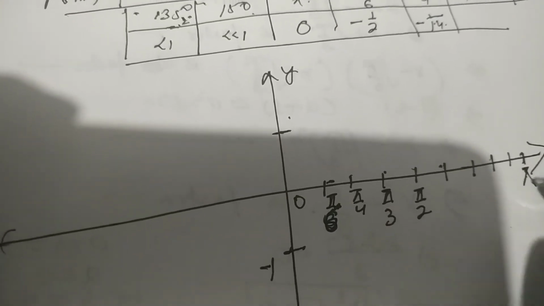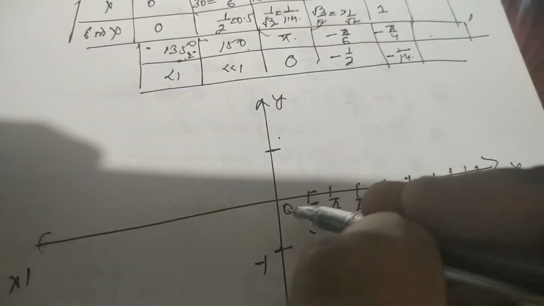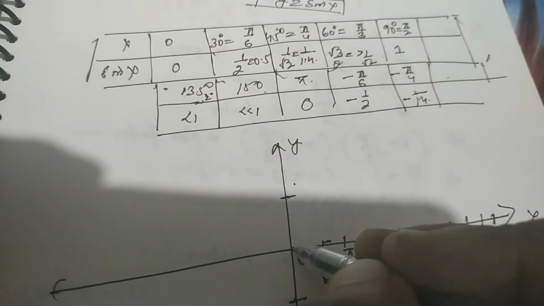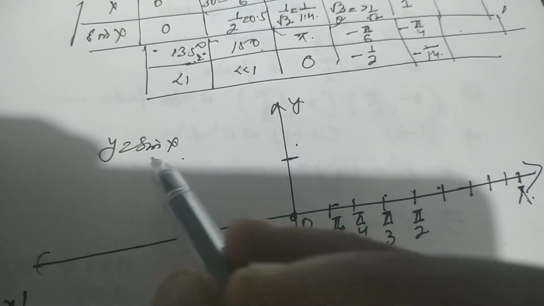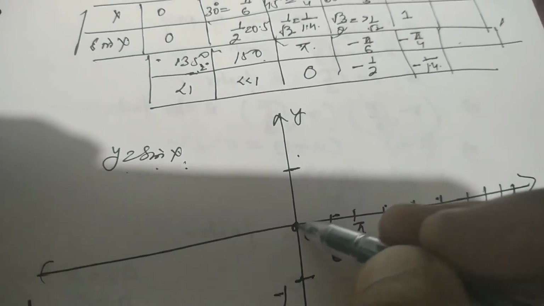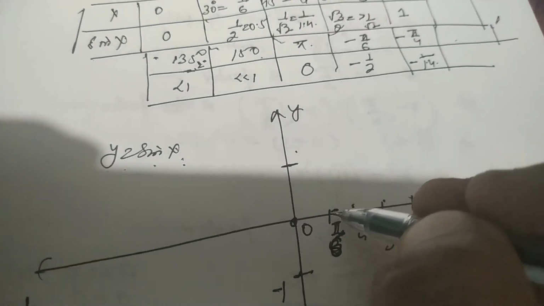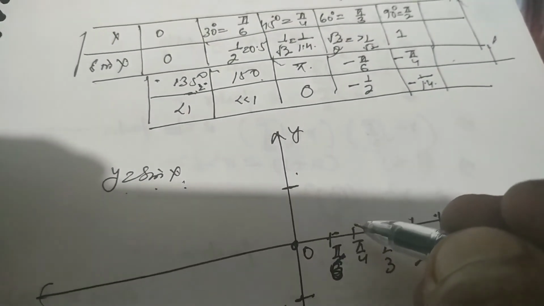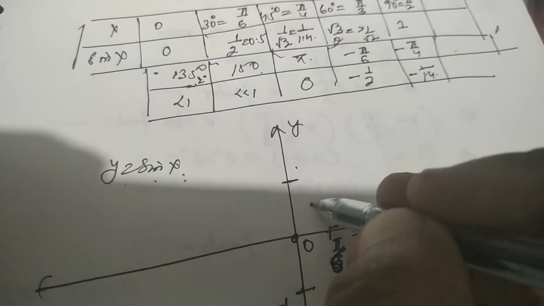When y is equal to sin x, when x is 0, sin 0 is 0. When x is π by 6, y is approximately 0.5.